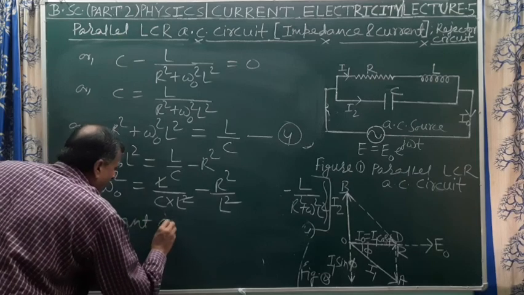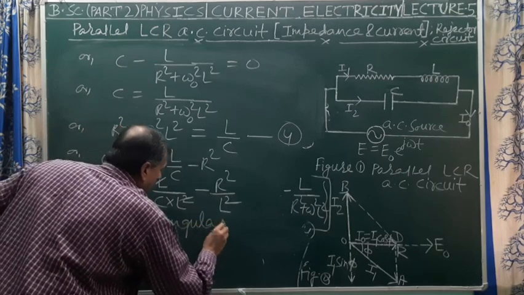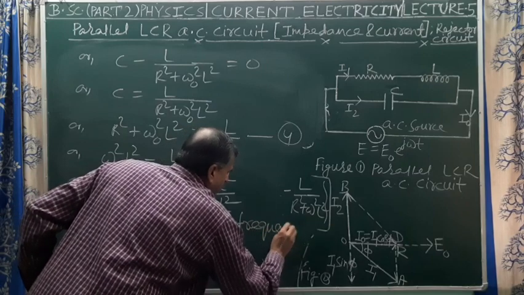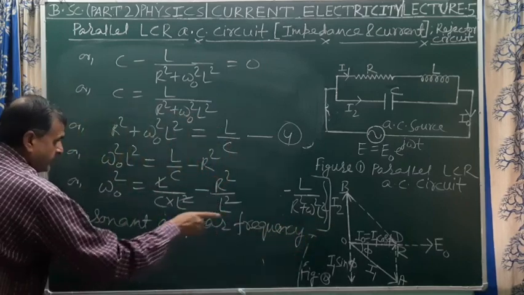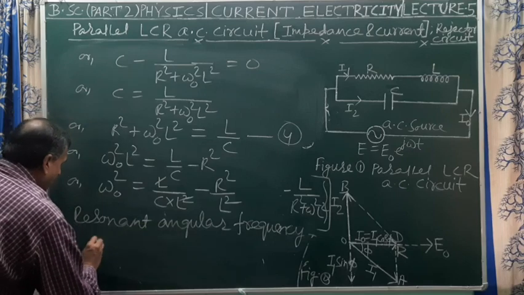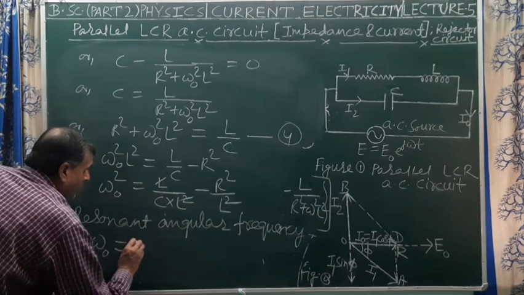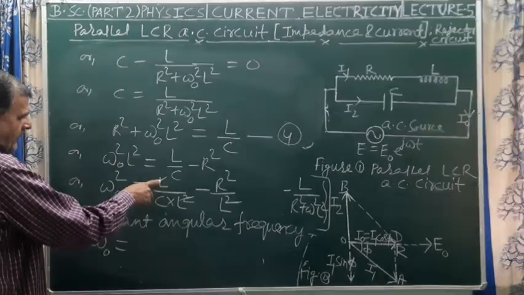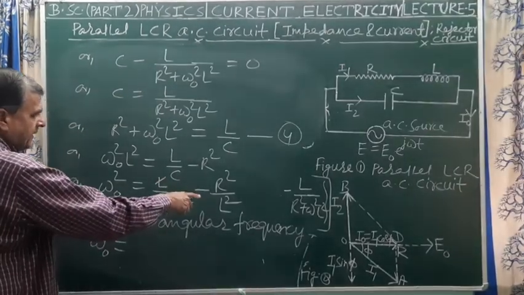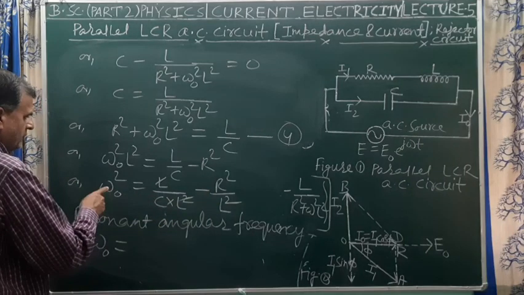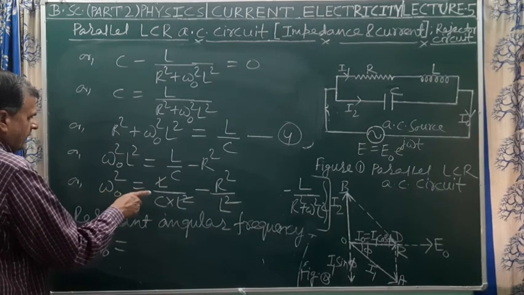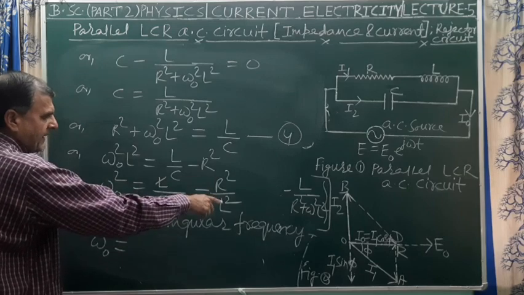Expression for resonant angular frequency: omega naught equals root under, in the first term 1 by LC, minus, in the second term, R square upon L square. So the RHS becomes 1 by LC minus R square upon L square.